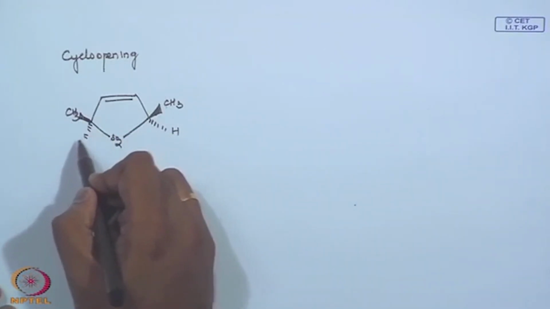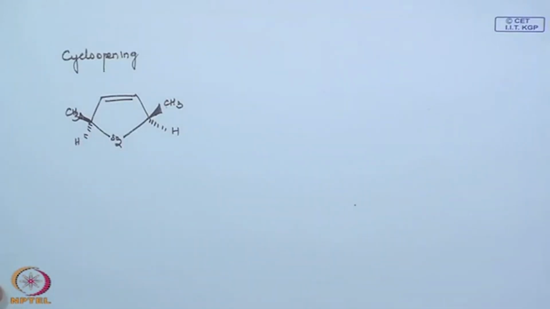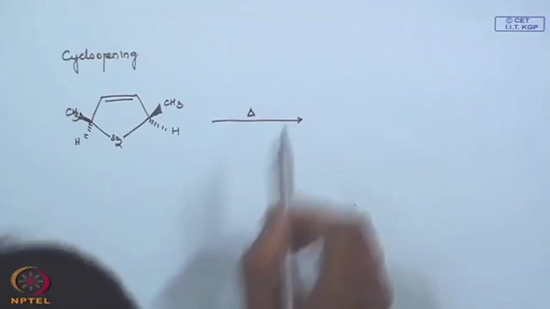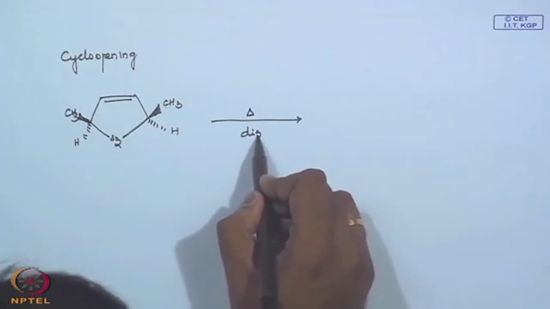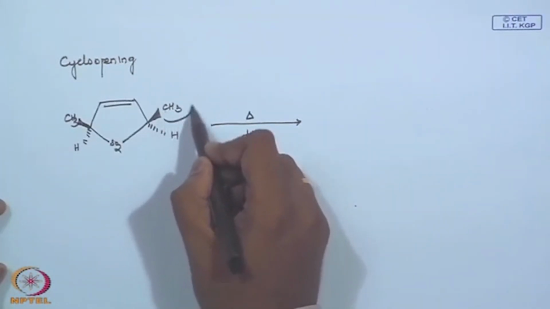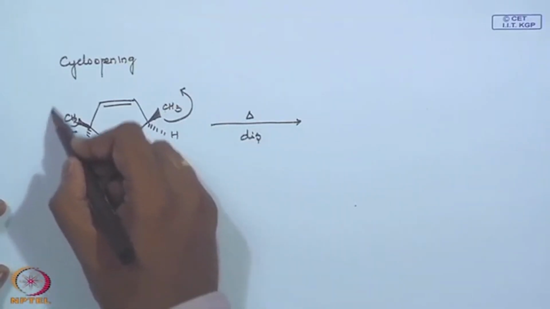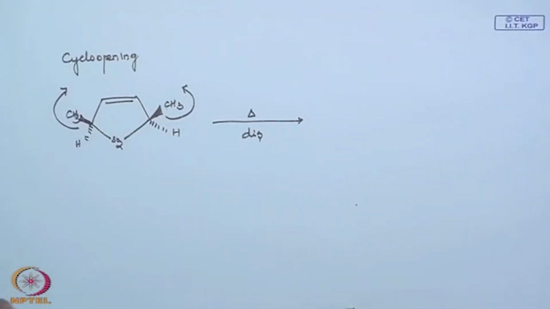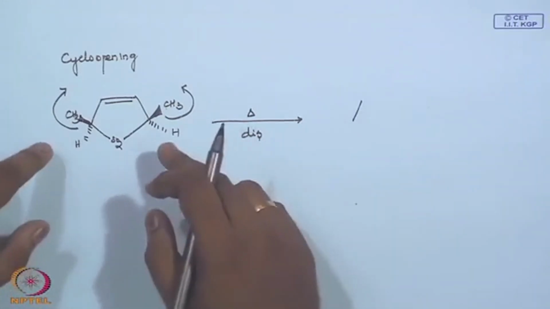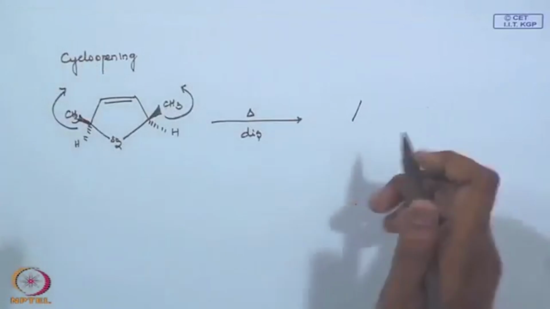So I have this hydrogen. Now this system, on heating, undergoes only this rotatory motion. You know what this is, we have studied in detail. It undergoes only disrotatory motion, that is one clockwise, another anti-clockwise. So it happens this way, giving you a product where your methyl groups in both the cases are out.